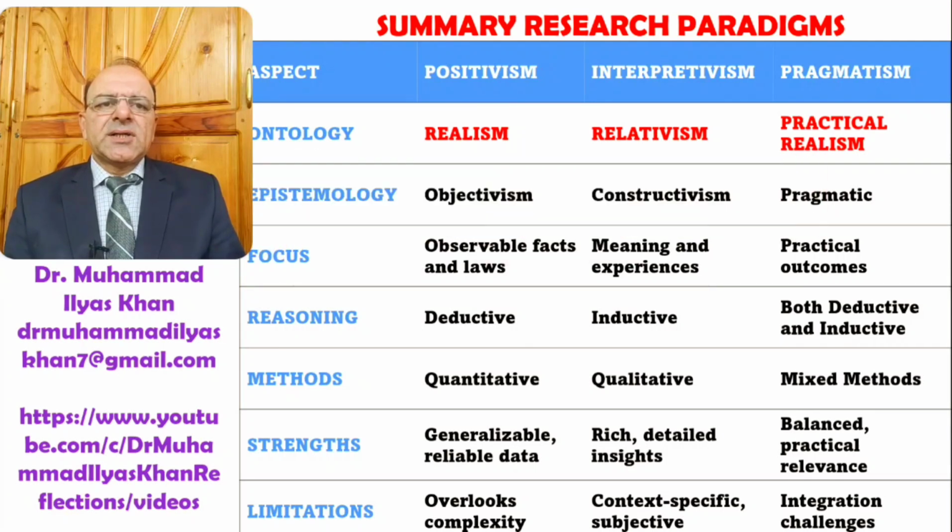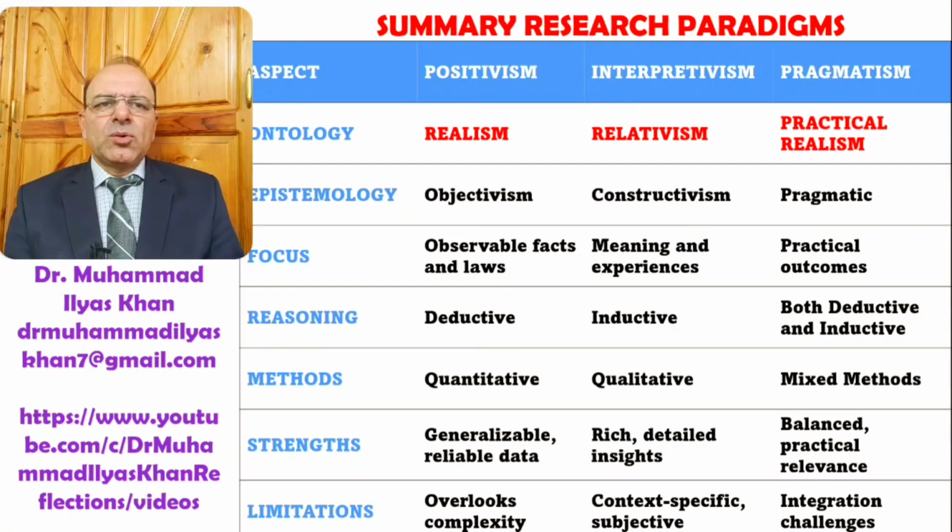In comparison, for interpretivism, the strengths include that the data we get in those designs, qualitative research designs, is rich and detailed, and it gives us detailed insights. And in terms of pragmatism, there is a balanced practical relevance. So the focus is actually on the practical implications or understanding of social reality.